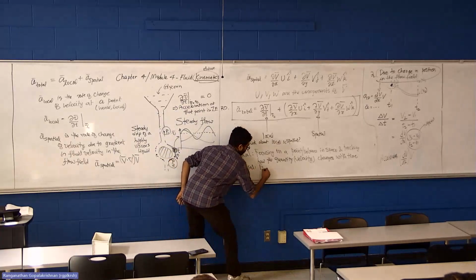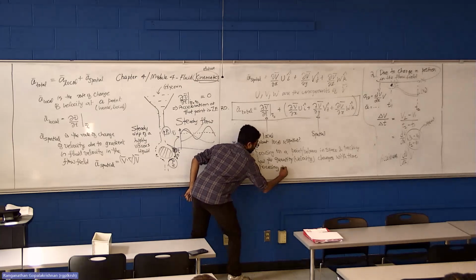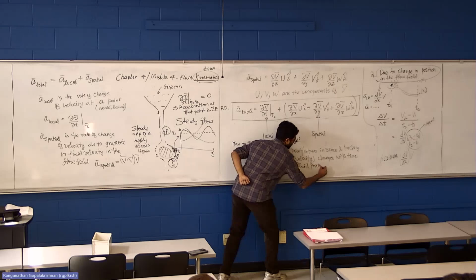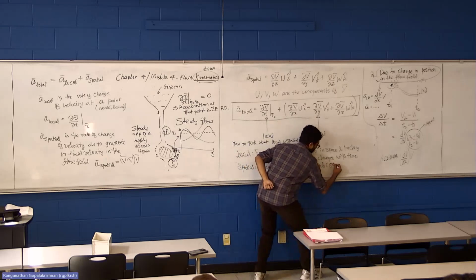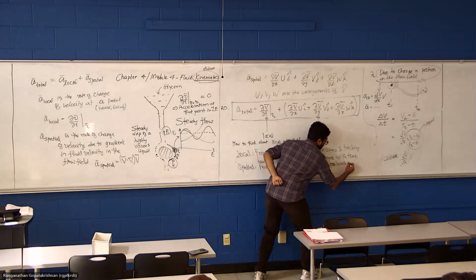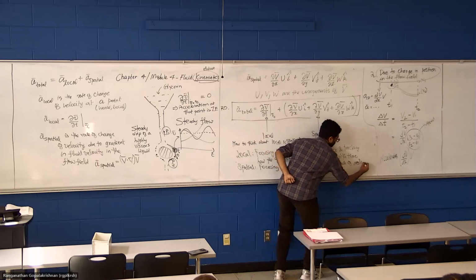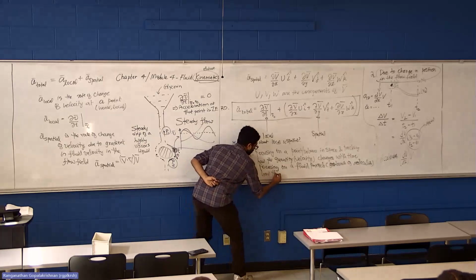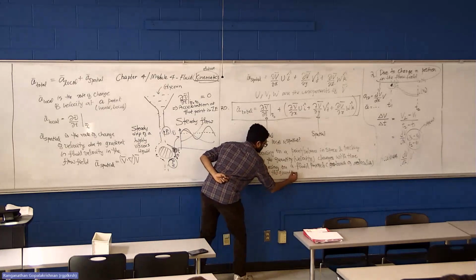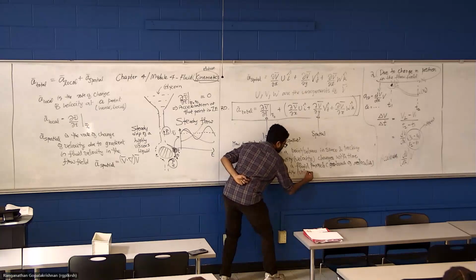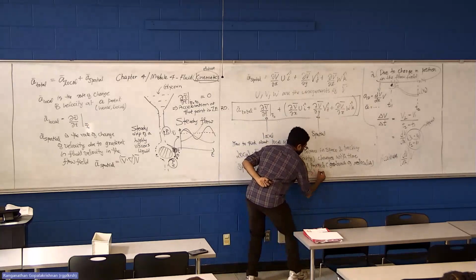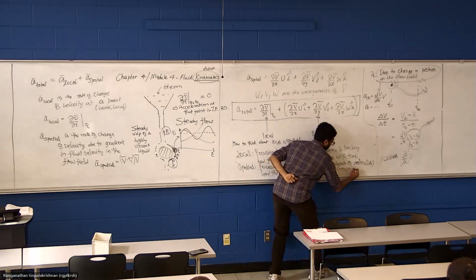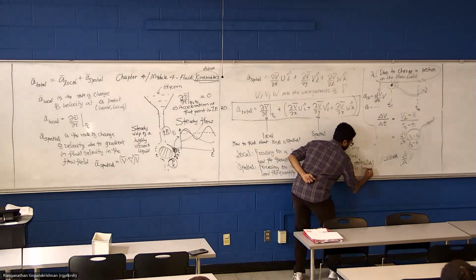Spatial is focusing on a fluid particle. A particle is nothing but a word for a bunch of molecules. And how the quantity, which in this case is velocity, changes wherever the particle goes.